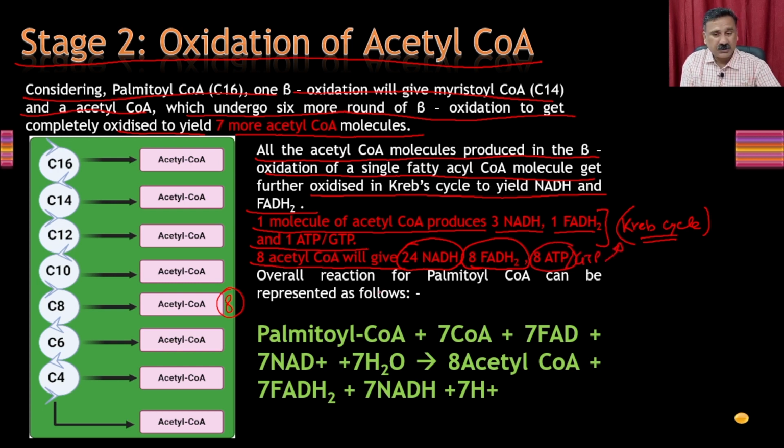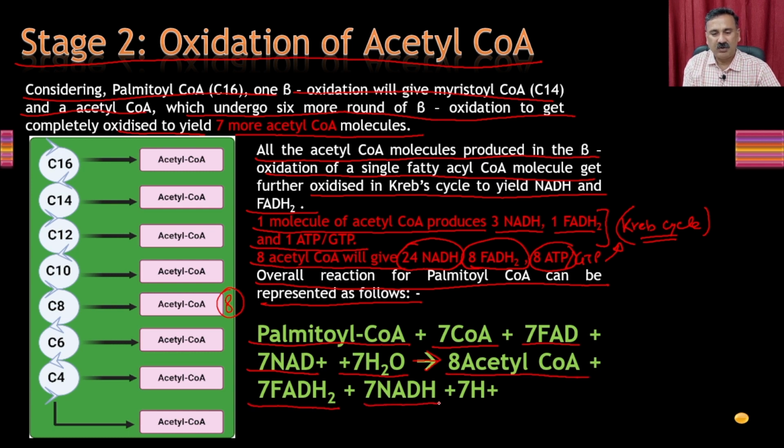So the overall reaction for palmitoyl CoA can be represented as palmitoyl CoA plus 7 molecules of coenzyme A plus 7 molecules of FAD plus 7 molecules of NAD plus 7 molecules of water, and that is going to give you 8 molecules of acetyl CoA, 7 molecules of FADH2, 7 molecules of NADH, and 7 molecules of H plus.